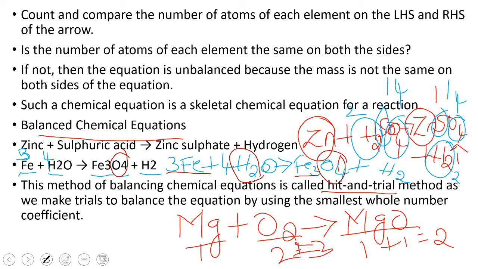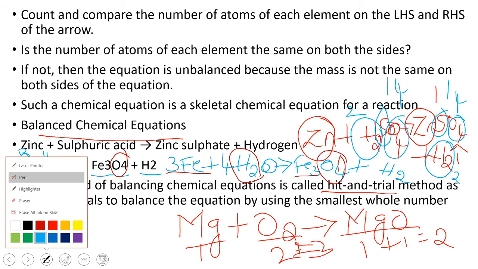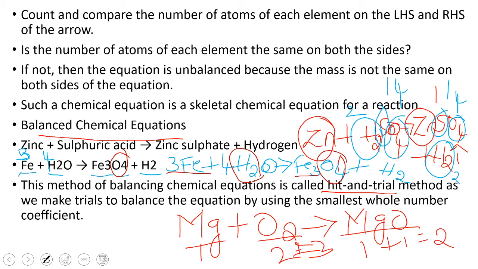So here hydrogen did not get balanced, so what I will do is, here how many hydrogens are there? 8, 4 into 2. The side number should be multiplied by the subscript. So 4 twos are 8. 8 hydrogens are there on the reactant side, but on the product side we have only 2 hydrogens.